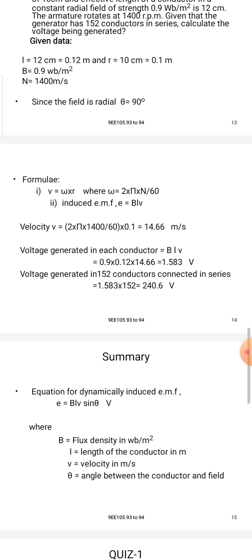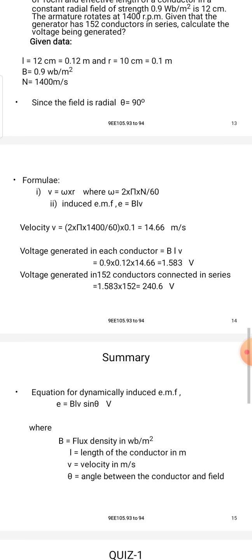The voltage generated in each conductor is equal to BLV sin theta. Flux density is 0.9 Weber per meter square, length of the conductor is 0.12 meter, velocity is 14.66 into sin 90, which is 1. So the voltage generated in each conductor is 1.583 volts.